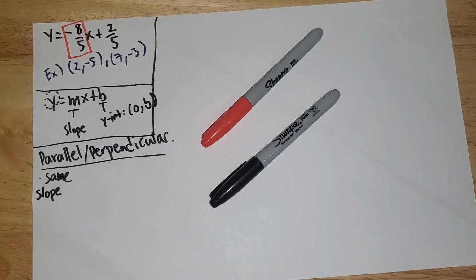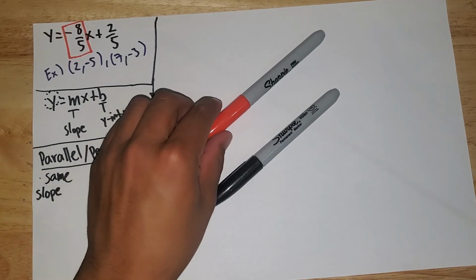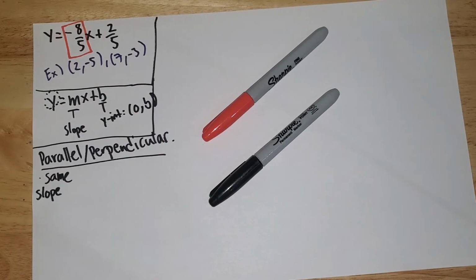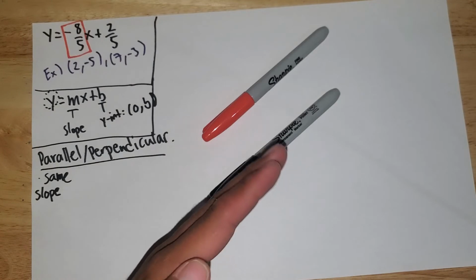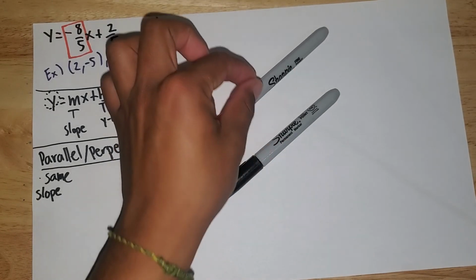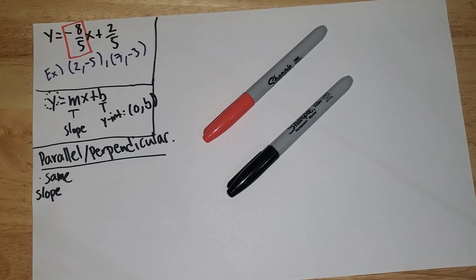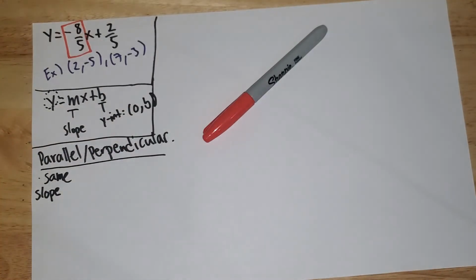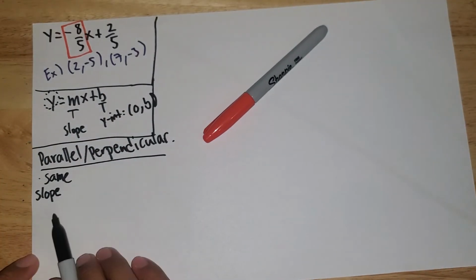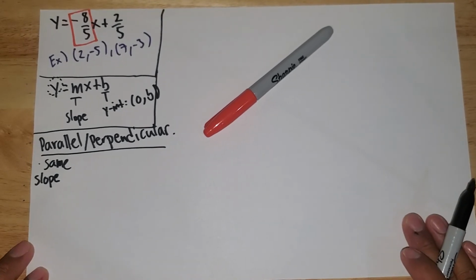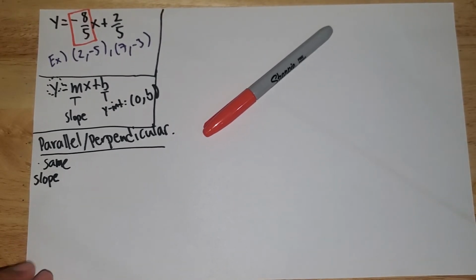But here, we can definitely see that they are parallel to each other. So they have the same slope. But to create this distance between them, we have to change something up. We already know if the equations are parallel, they have the same slope.